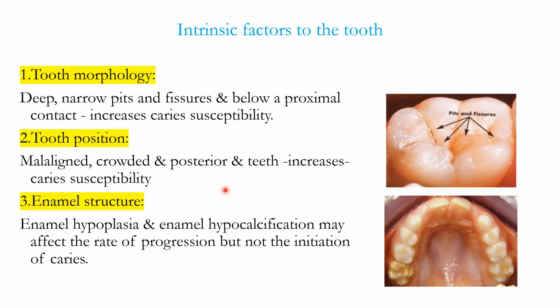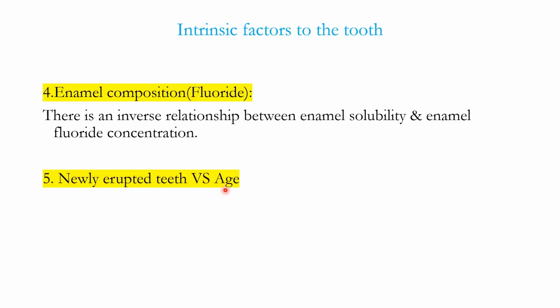Whenever there is any kind of developmental disturbance or enamel hypoplasia or hypocalcification, this will affect the rate of progression of the caries. It not necessarily causes the initiation of the caries, but the progression is much faster if the enamel is already affected by some kind of developmental disorder.